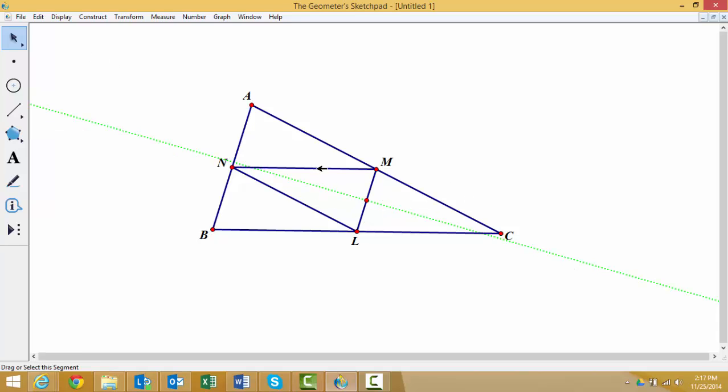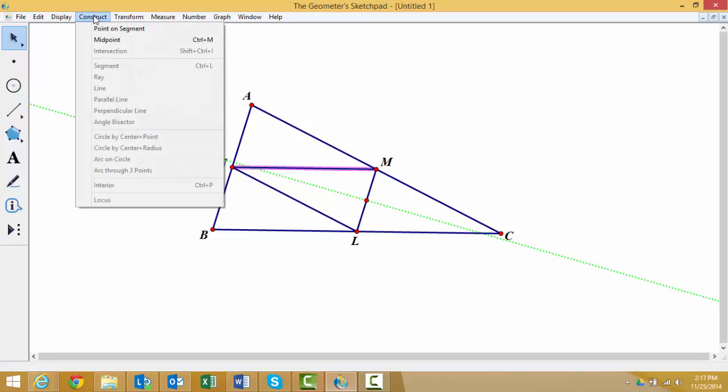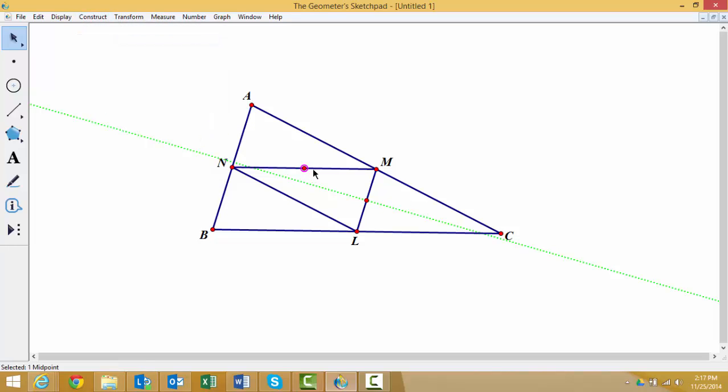Similarly I'm going to take MN. Let me unselect everything, and then MN, construct the midpoint, and let me draw a perpendicular line. Okay, that's good. Now let me construct the midpoint and then construct a perpendicular line. Now unselect everything.